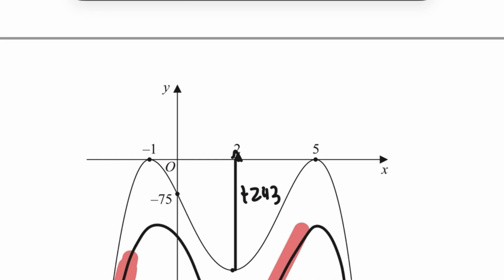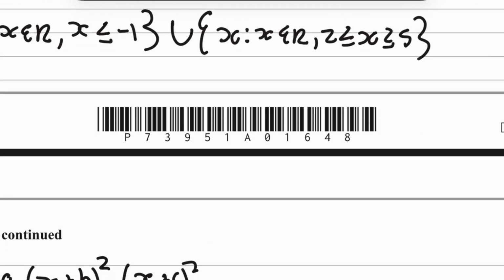And that's when x is 0, when y is 0, when x is 2, right? So that means we want it to be just less than 243, so we'll always have 4 solutions. So the final answer is 0 is less than k, is less than 243.